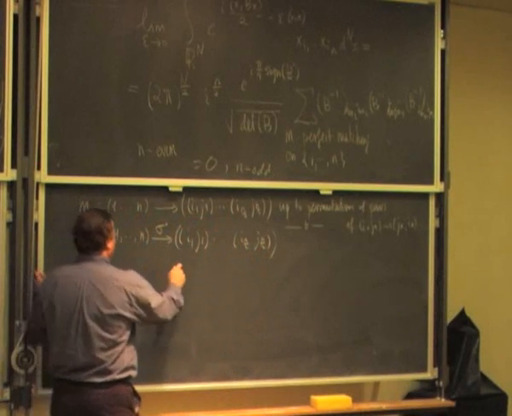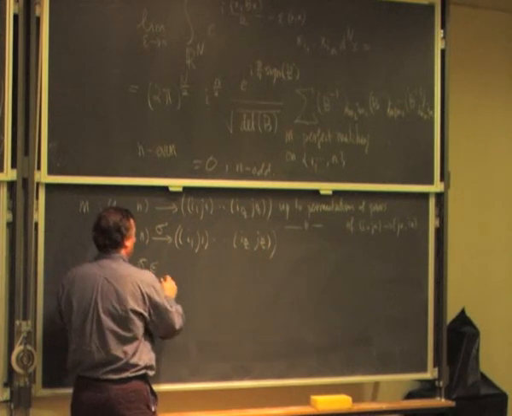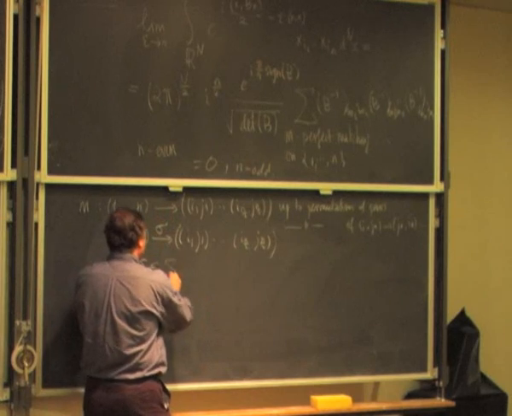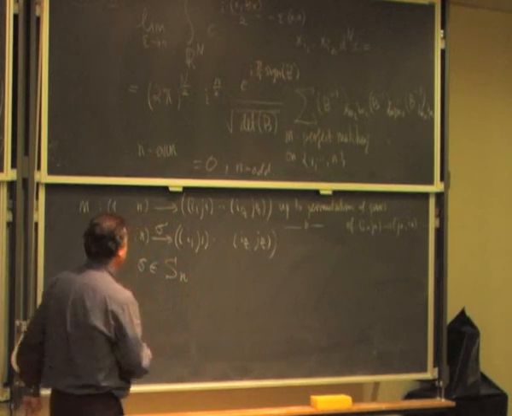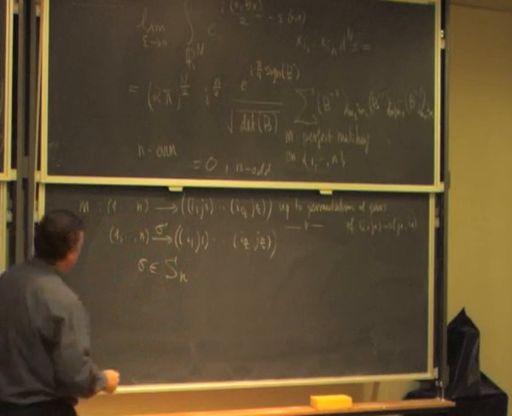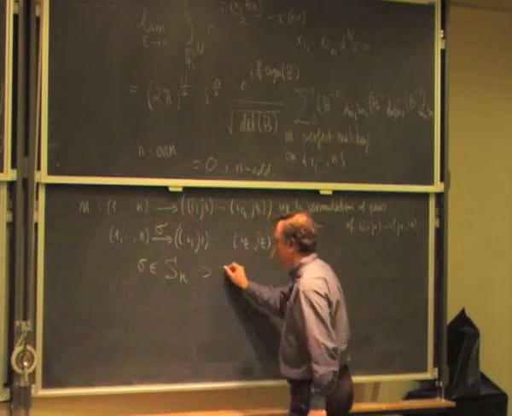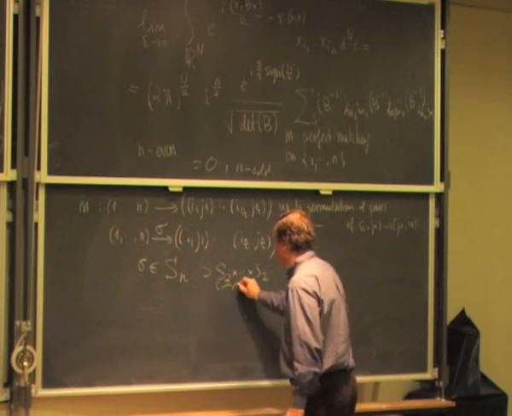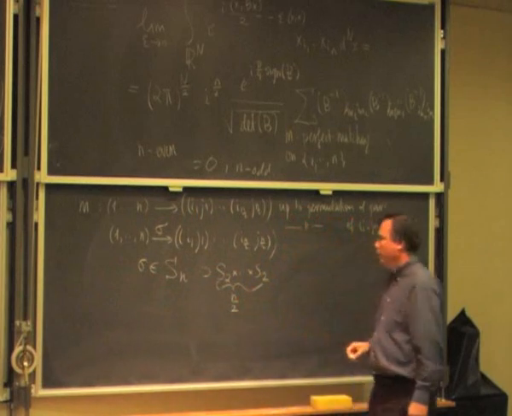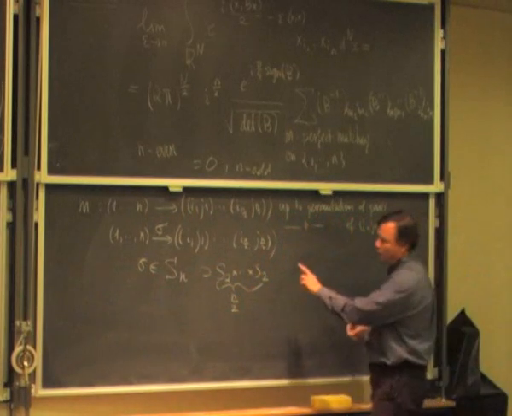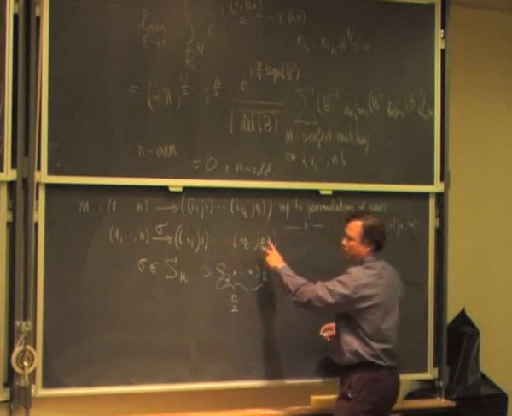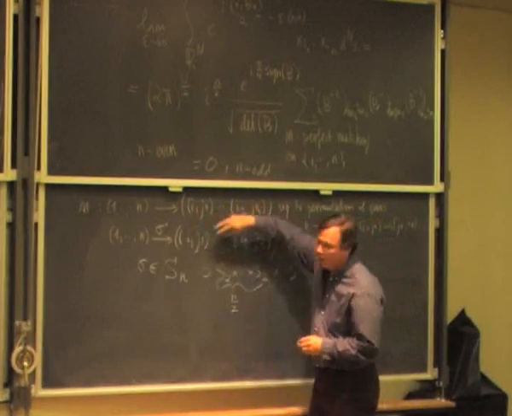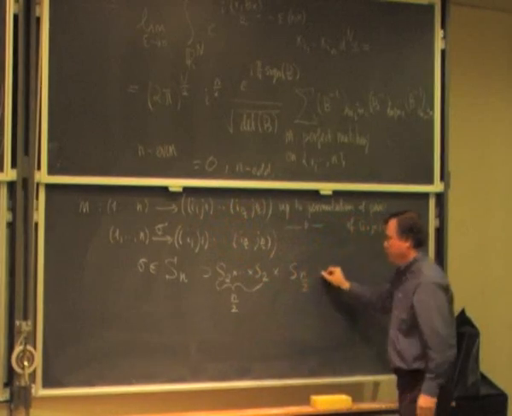Then sigma is in S_n, and in this group you have n over 2 copies of S_2 which permute these numbers, and also the subgroup which permutes pairs.